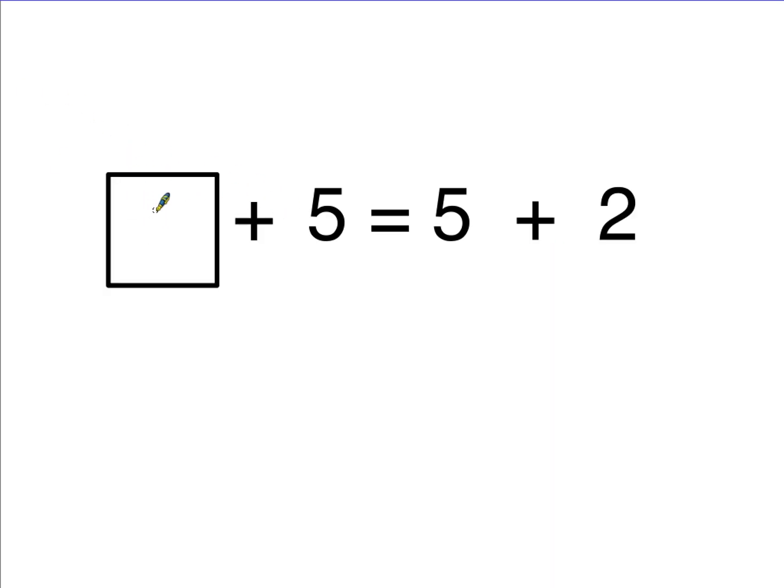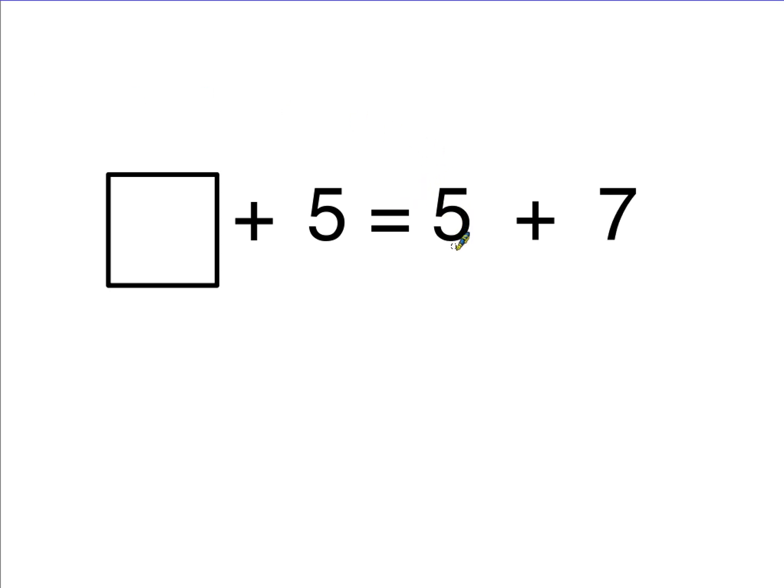So let's figure out what number would go in here. 5 is the same as 5, but 5 is not the same as 5 plus 2. What do we have to put over here to make this side the same as this side? 5 plus 2 is the same as 2 plus 5.